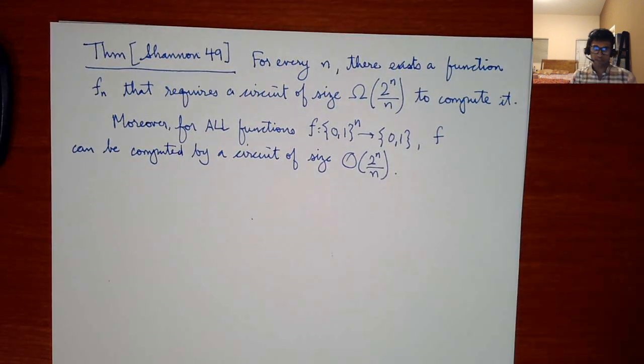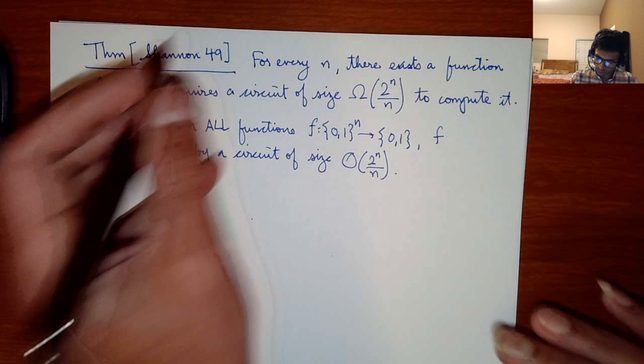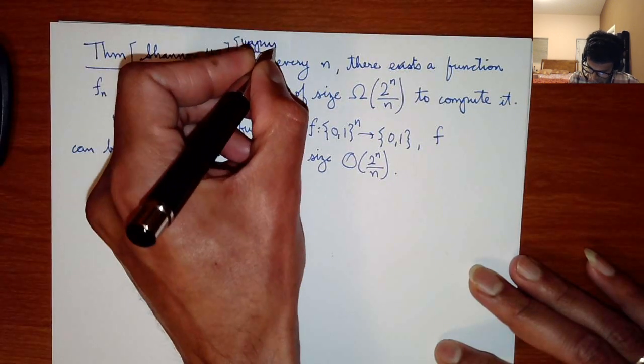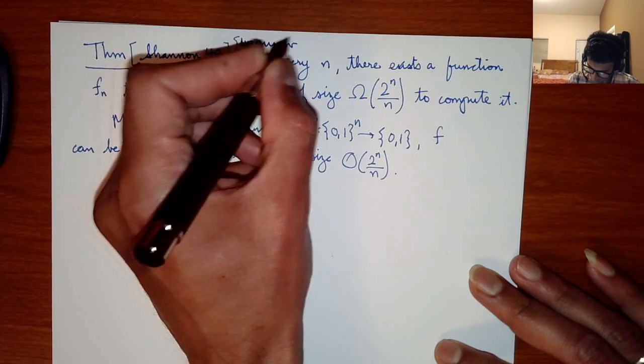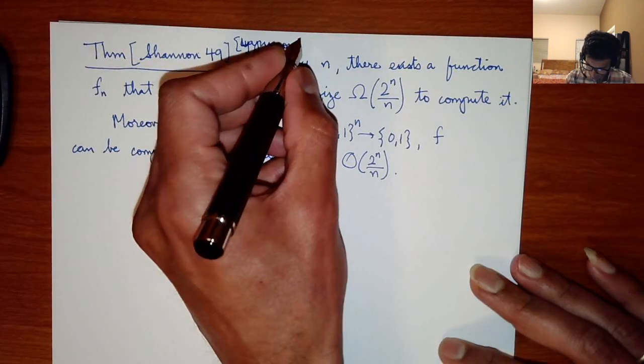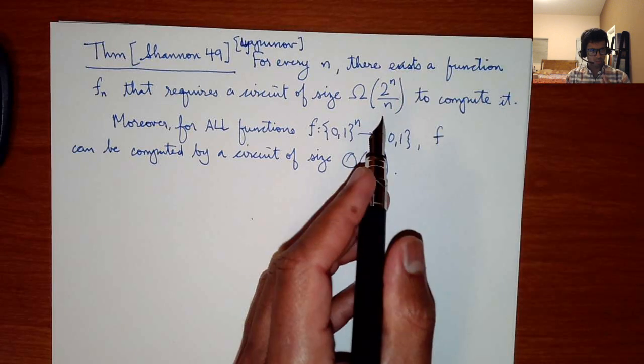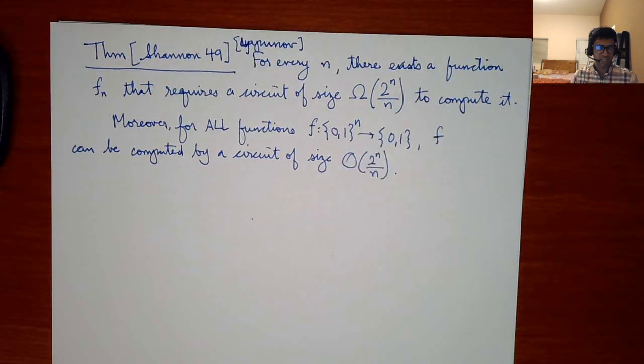So this is a classic result of Shannon, and it was improved by Lupanov, I think maybe in the 50s or the 60s, who actually showed that the constant there is 1. You can nail it down to exactly 2^n / n, and you can compute it by a circuit of essentially (1 + o(1)) times 2^n / n.